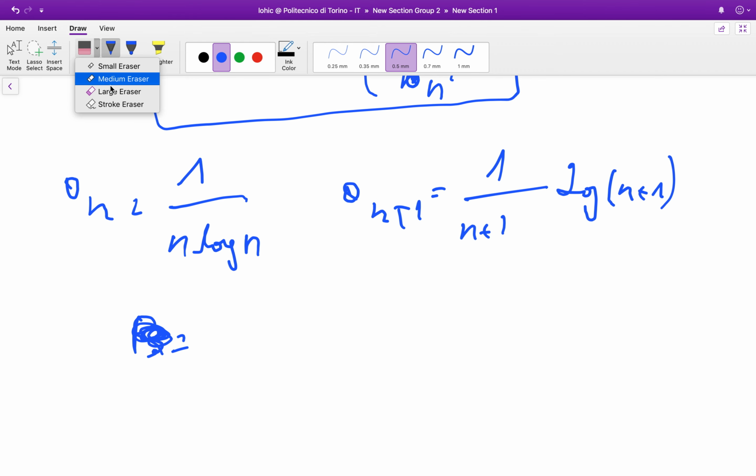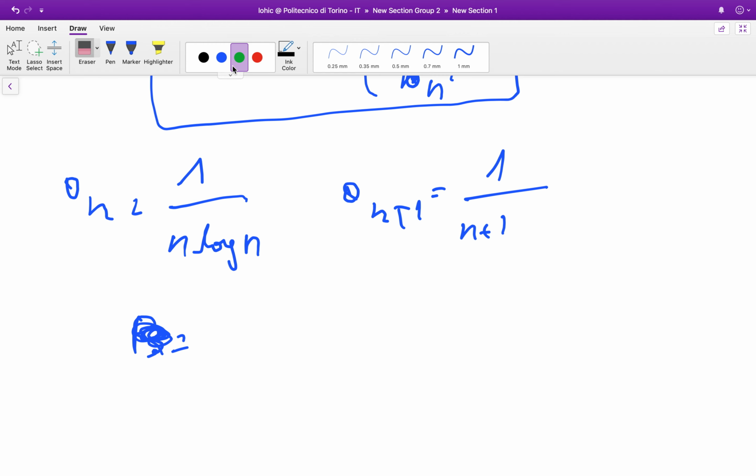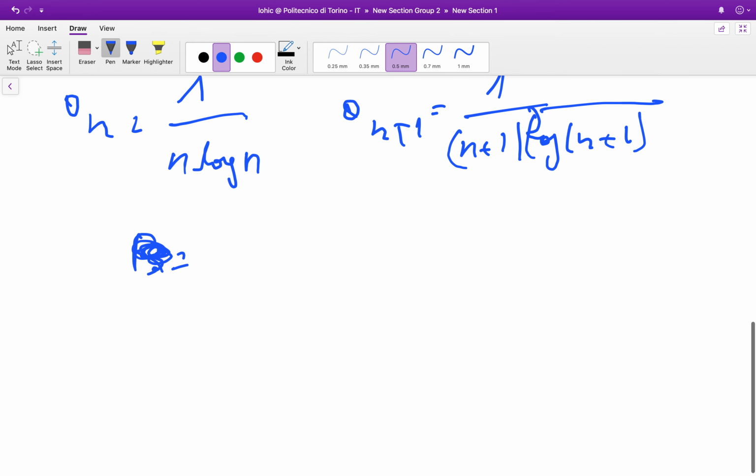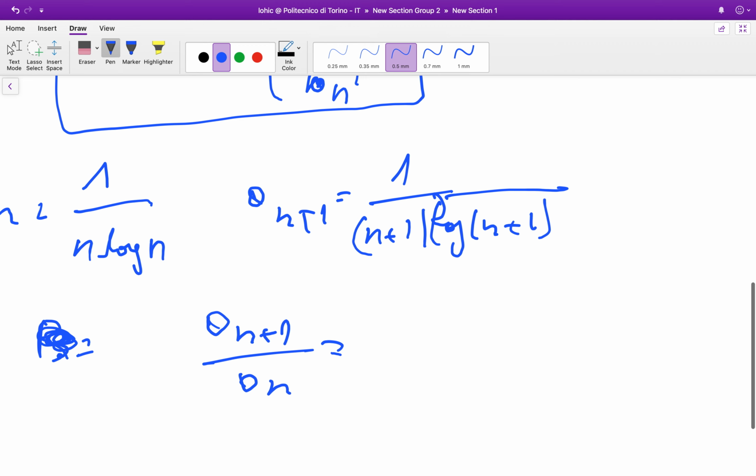Excuse me, here I made a mistake. So the logarithm here is, basically we have n plus 1 multiplied by the logarithm of n plus 1, right? So if one does an plus 1 over an, what comes out?